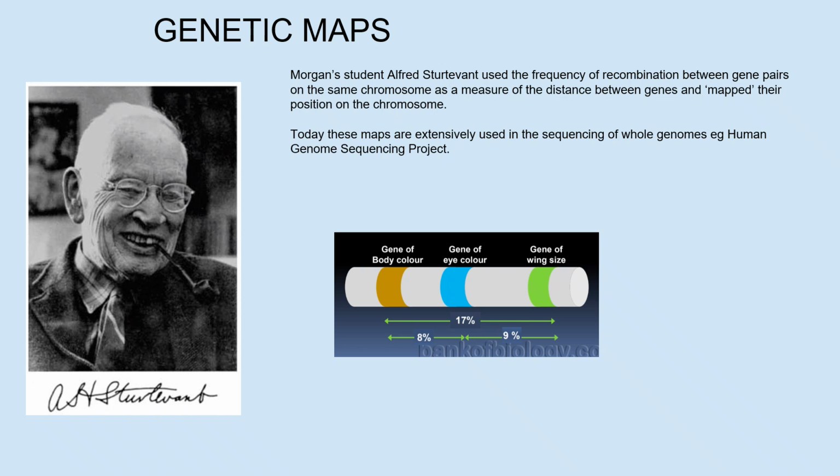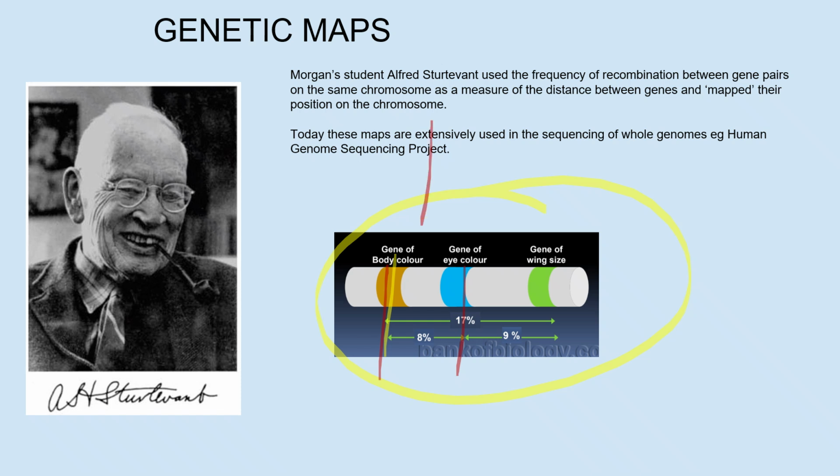Now what did this Alfred do? He did many crosses, and he was able to define the genes which are close to each other and the genes which are far away from each other. So by that he made genetic maps. If two genes showed little recombination, he placed them together.